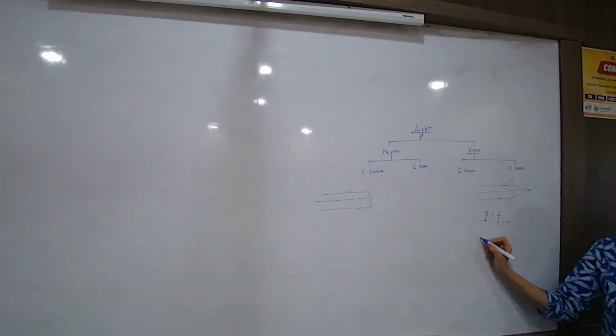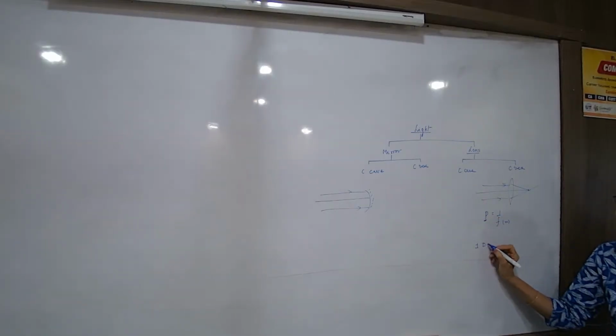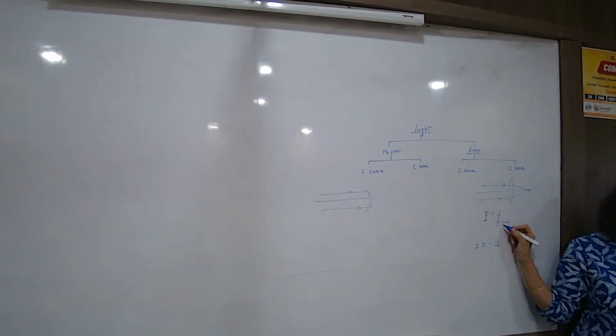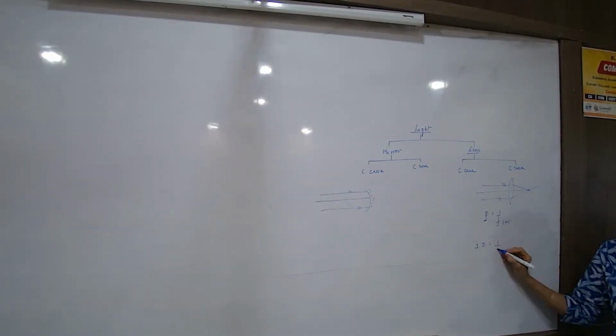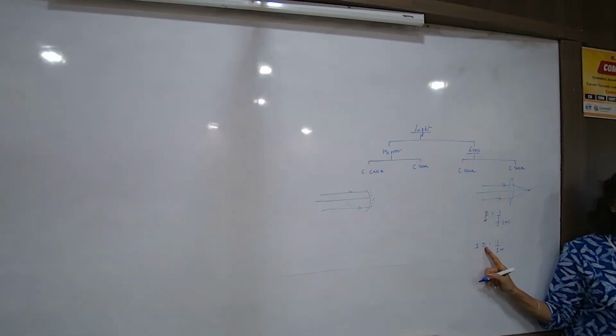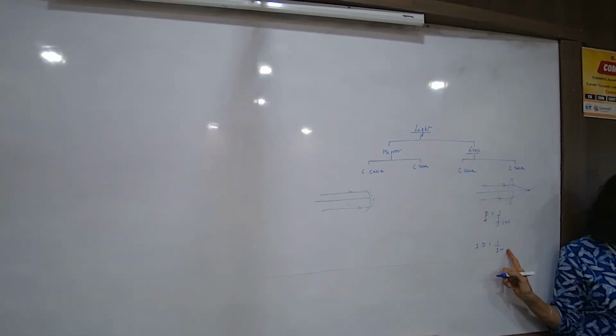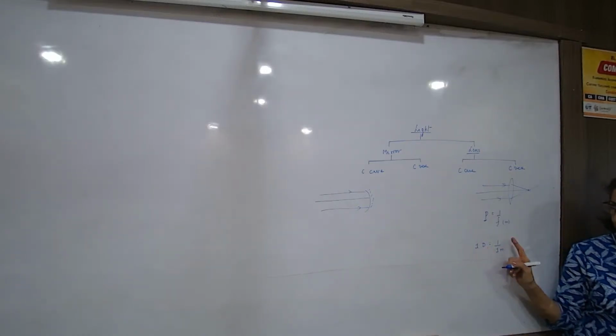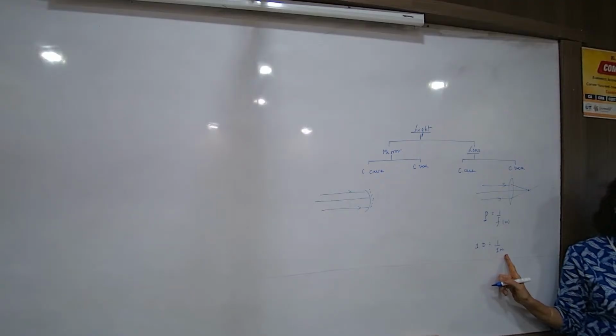So if power is 1 diopter, it means that the focal length of the lens that is taken is 1 meter. Okay, it is equal to 1 meter. That means 1 diopter is 1 meter inverse. Did you understand this? 1 diopter is 1 meter inverse. Okay, it is the reciprocal of the focal length. So therefore it is that.